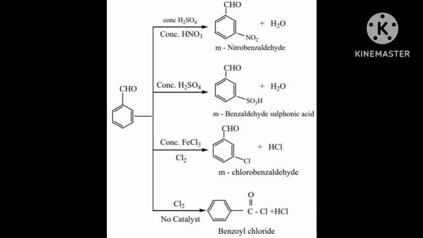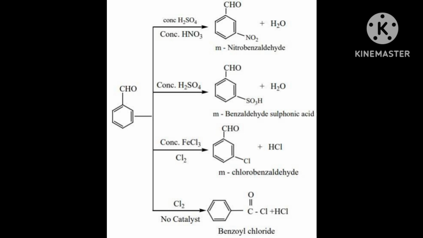Electrophilic substitution reaction: here just take the example of benzaldehyde only. One benzaldehyde you have taken, then one benzene ring is there with one CHO group attached. Here what will happen? Electrophilic substitution means E plus, as for example NO2 plus, where N will have positive charge.